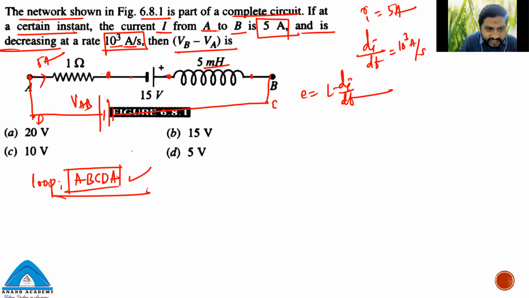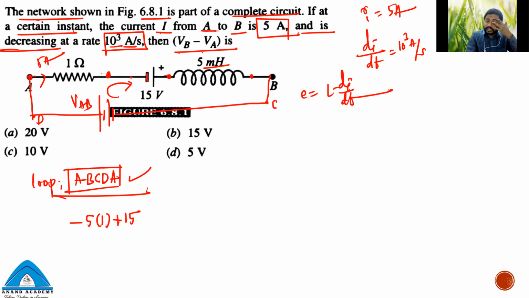Okay, now minus 5 into R, so the potential across this one, since our loop direction and the current direction are the same. Okay, and our loop direction is touching the negative terminal of the cell. That means it's plus 15.